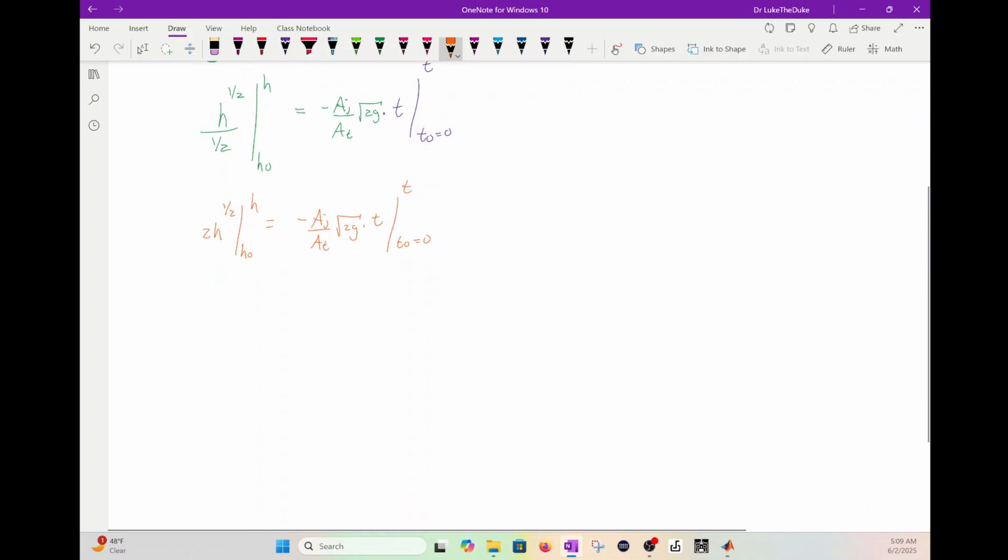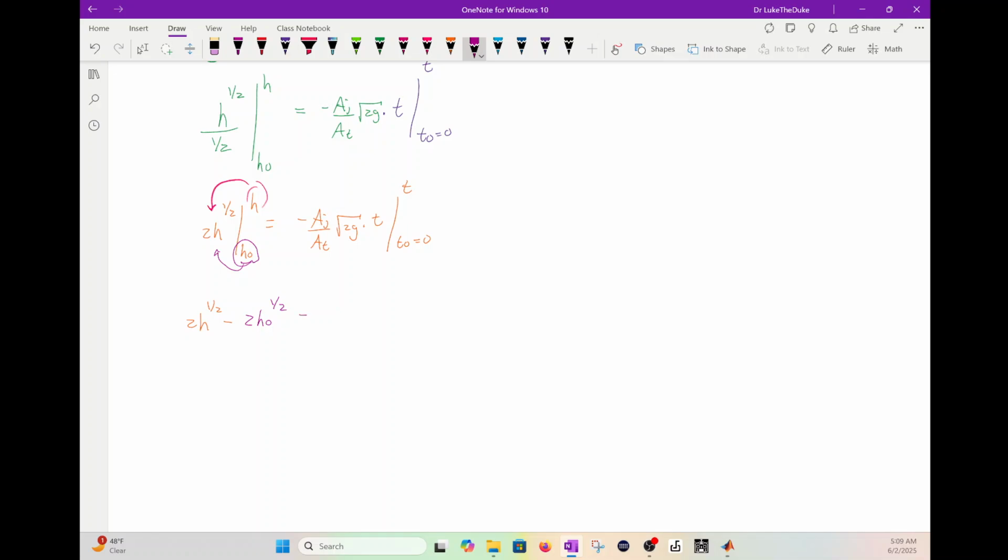Now how do we plug these in? Well, you take the top, so this one, you plug in here. Let me rewrite that so it's neater. 2H to the 1/2, and then you subtract the bottom one and plug it in there, so 2H naught to the 1/2.